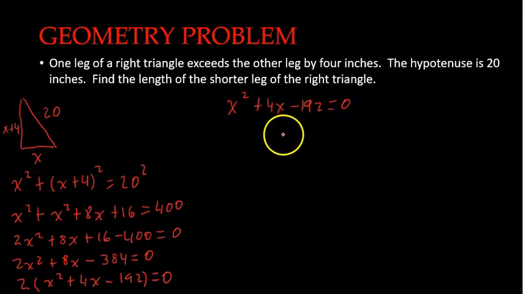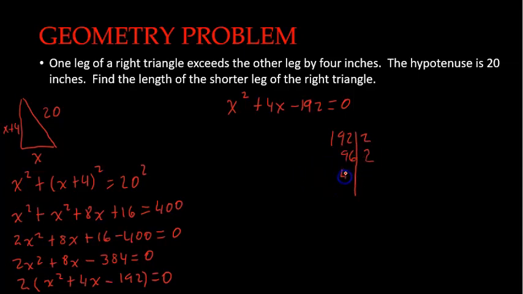Now we need to find two numbers whose product is 192 and whose difference is 4. So I'm going to use prime factors to factor 192. 192 divided by 2 is equal to 96. Now 96 times 2 is 192, but the difference is not 4. So divide 96 by 2 again.